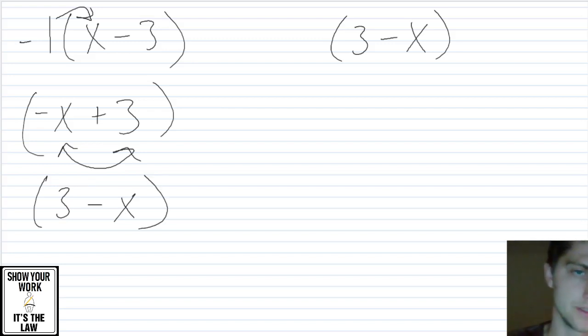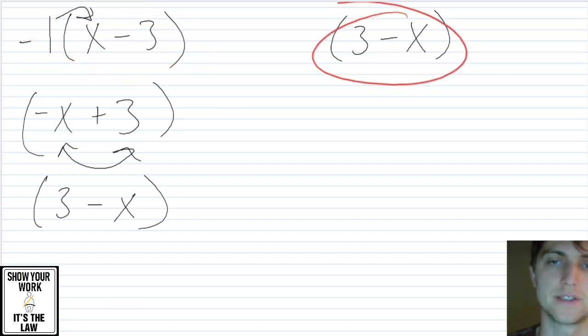So we started with x minus 3, and we came up with 3 minus x. Now, the point of this is to show you that these two things are related through a multiplication of -1. So they are multiples of one another, okay? So if you come across this, you know that it's the same as this times -1, and if you come across this, it's the same as this times -1.